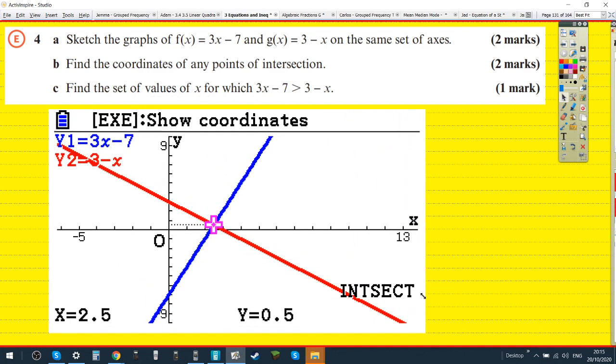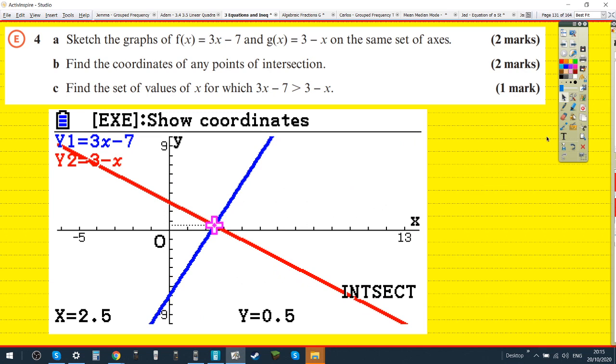Question C. How do we use our graph to do question C? So it wants when 3x minus 7 is greater than 3 minus x.